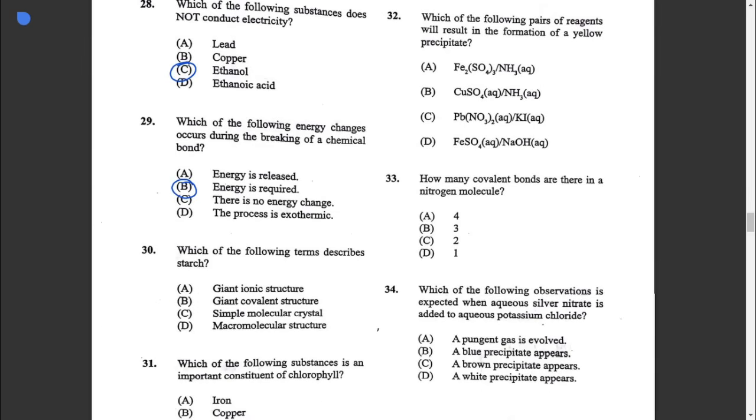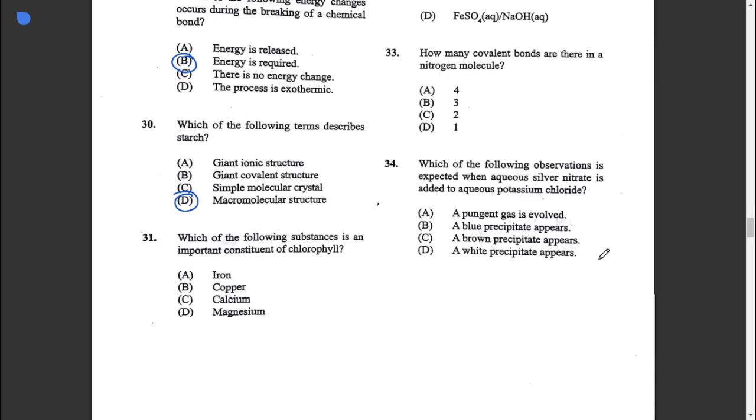Question 30. Which of the following terms describes starch? And we know that starch is formed by a polymerization reaction between glucose units and so forth. So starch is a macromolecule, a macromolecular structure. 31.